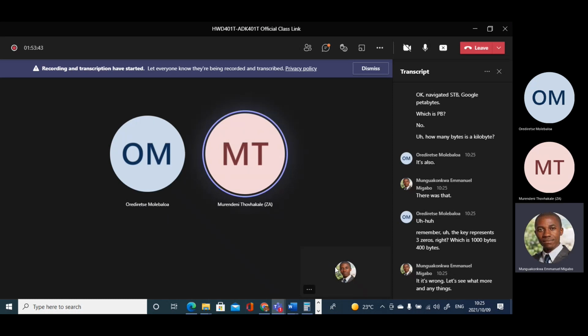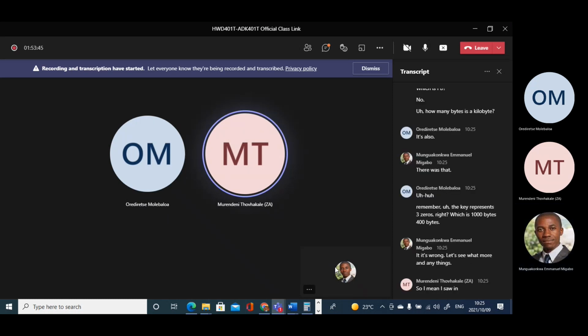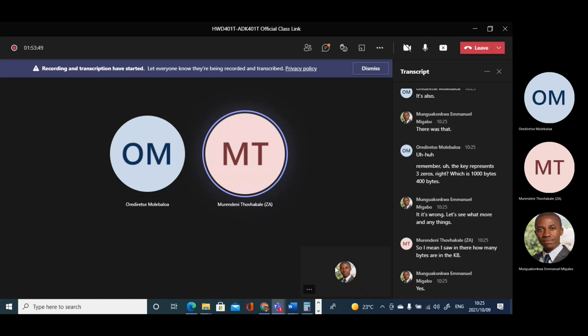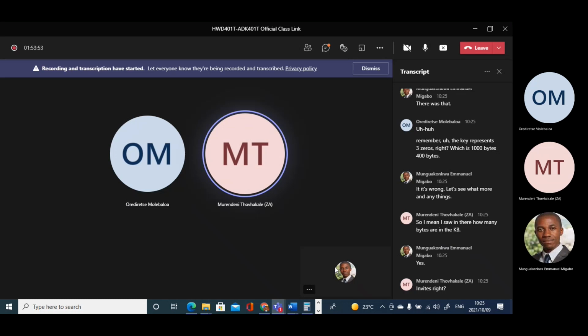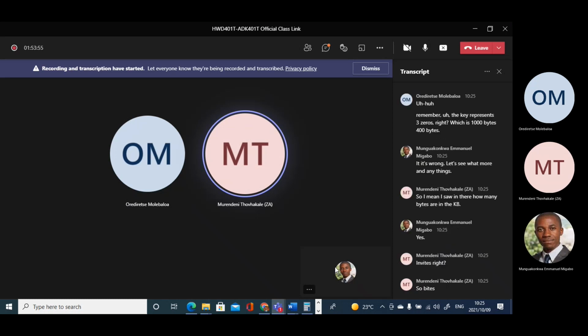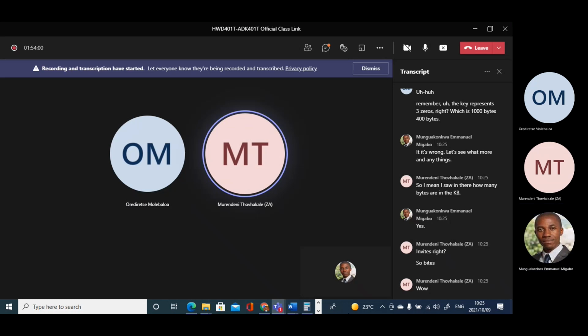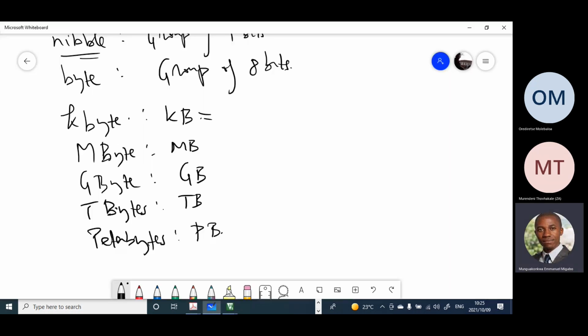So how many bytes are in a kilobyte? Kilobytes, right? So bytes, I think it's 1,000.